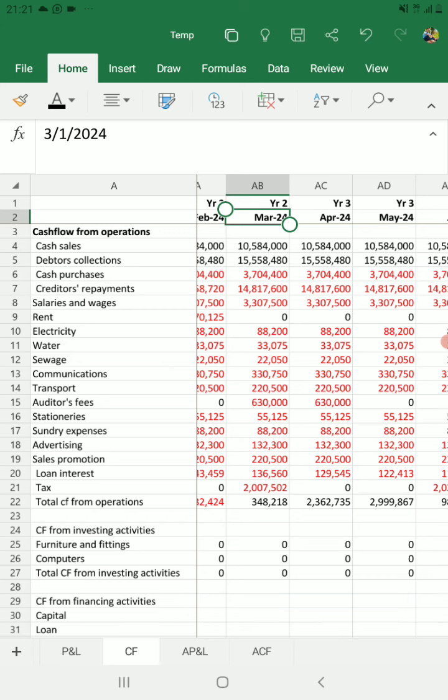And then another assumption that is used in these computations of NPV and IRR is that the timing for the cash flow is at the end of the period, okay. So in this case, at the end of the year, and as we said, our end here is March, okay.